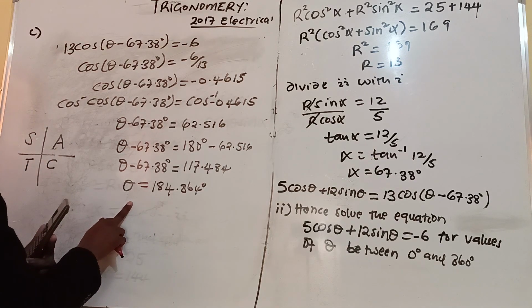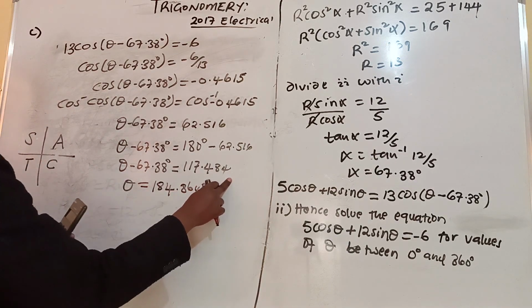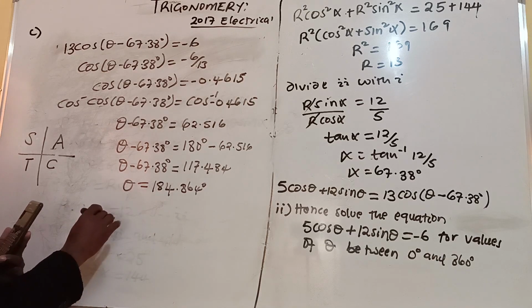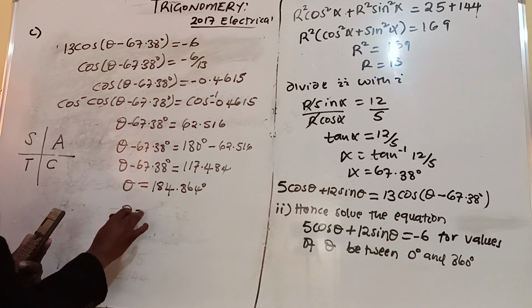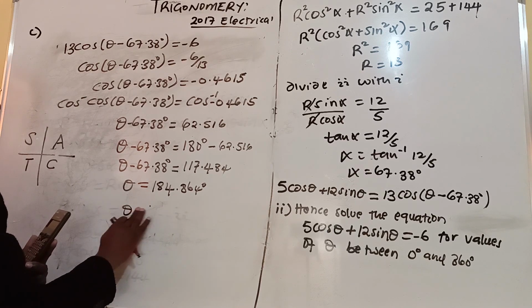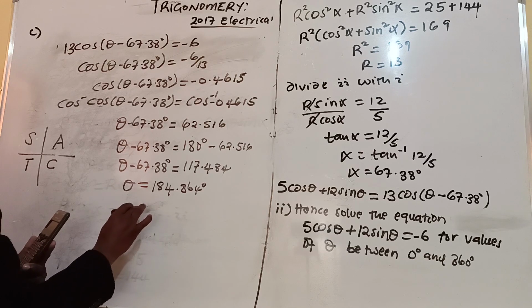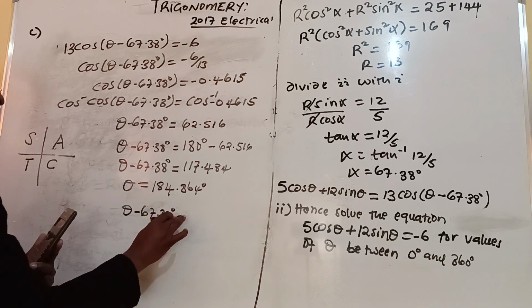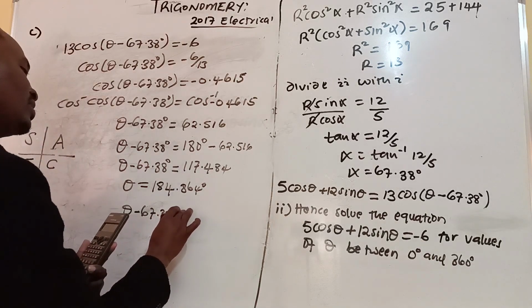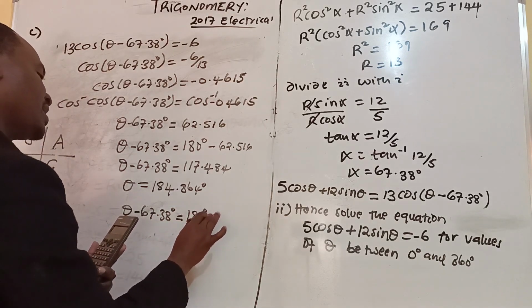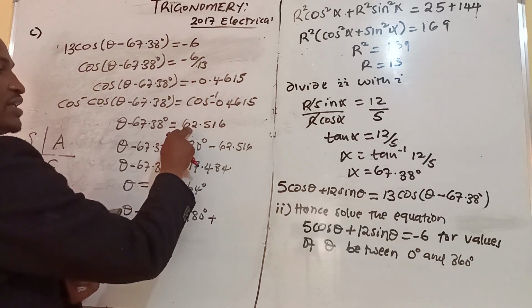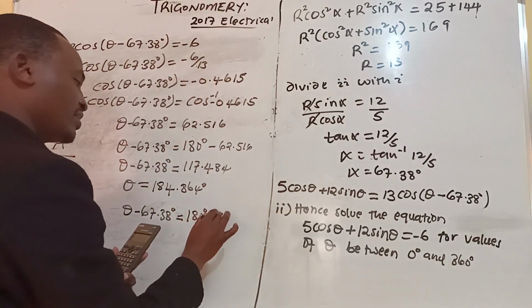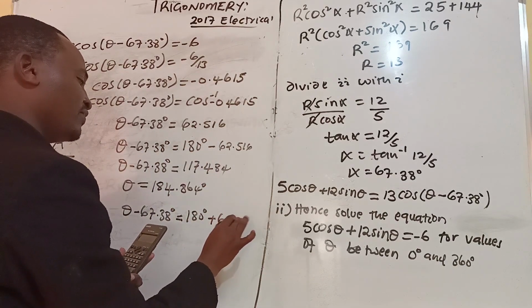The other angle is supposed to be in the third quadrant. How do you get the angles in the third quadrant? It will be theta minus 67.38 is equal to, the third quadrant is 180 degrees plus this very angle we obtained at the beginning, 62.516.